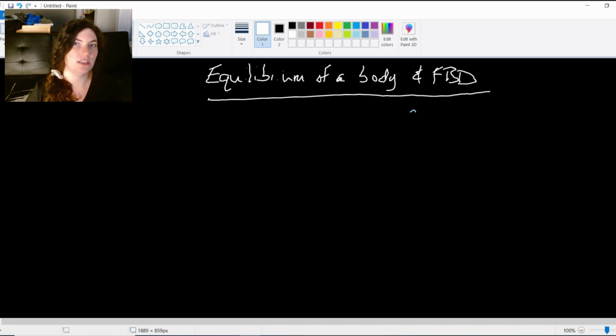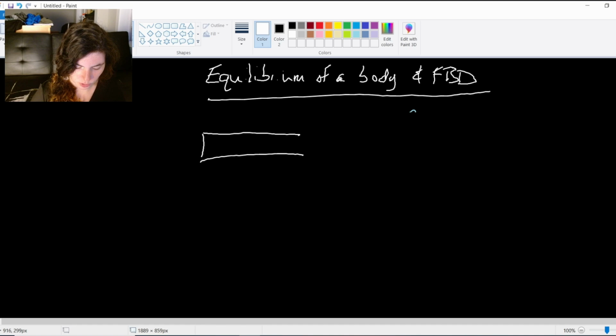But now we have this idea of support reaction, where when you are acting on something, it is acting back, right? The normal force that something is experiencing. So the most common ones that we see of this are, if I have this as my portion of a beam, we have something called a pinned reaction.